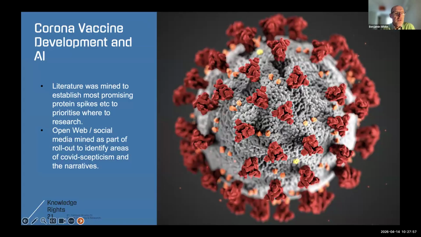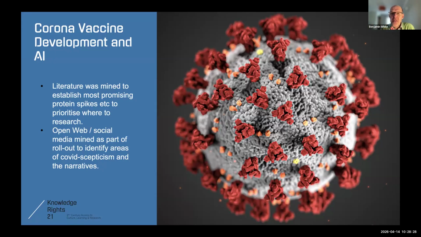So moving on to the case study, we know that the pharmaceutical companies used machine learning, AI, to speed up the discovery process. So the academic literature was mined to establish the most promising protein spikes to prioritize for research. And of course, the coronavirus is the most common virus on the planet, so there is lots of literature.